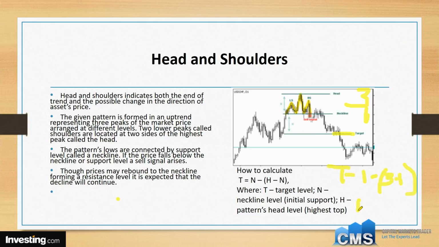And we end up with the target is 1 minus 3 minus 1, 1 minus 2, or a -1. And this would be about a -1 if I did my math correctly.